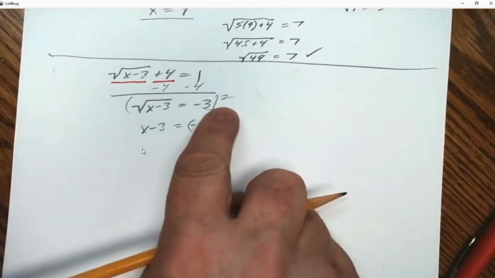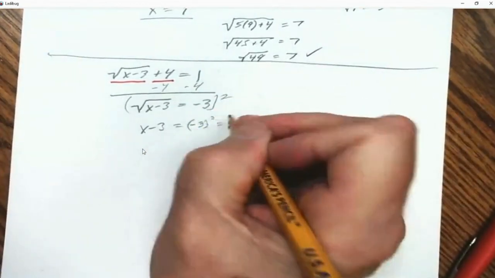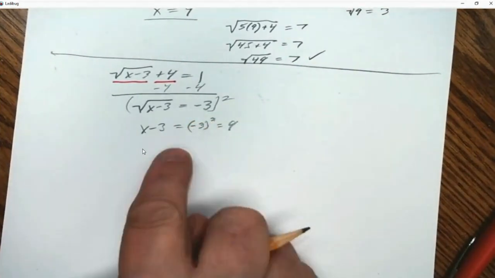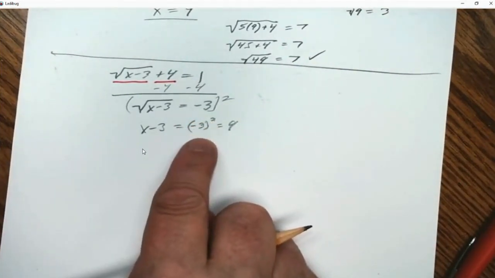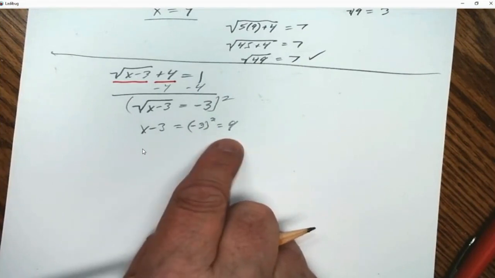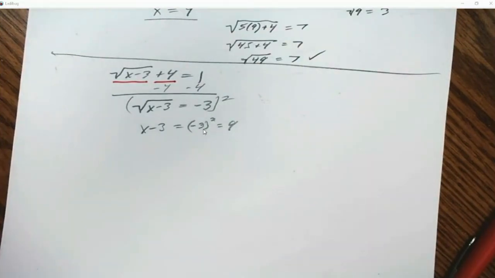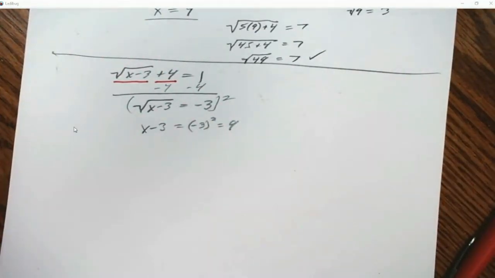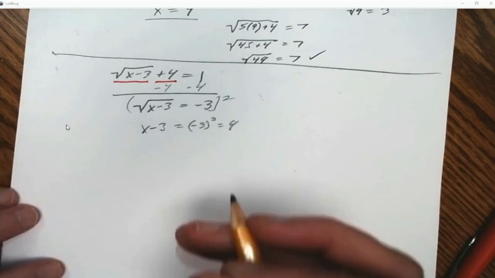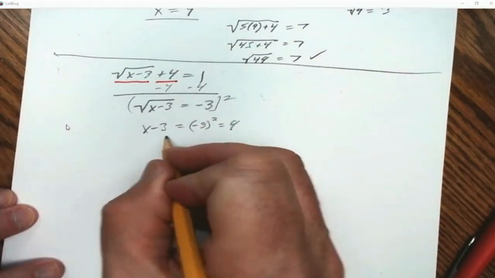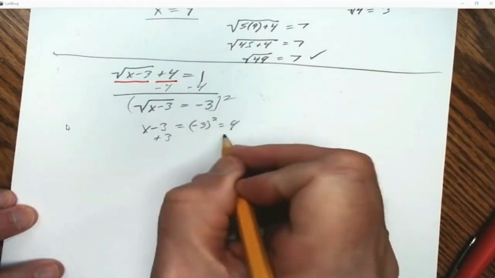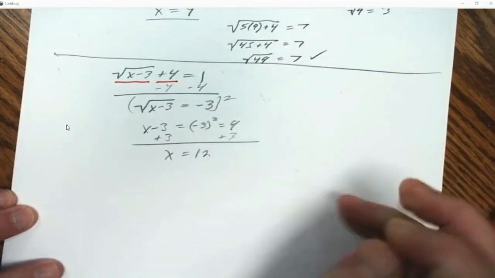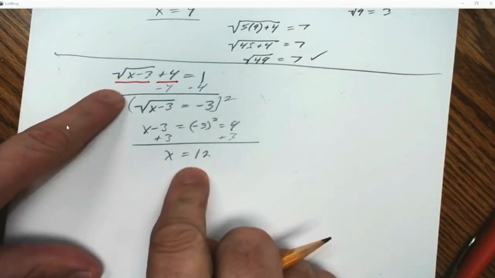Because negative 3 squared is 9. It's not negative 9. If you try putting that in a calculator and don't put parentheses around the negative 3, it'll tell you negative 9. Make sure you put parentheses when you're squaring that. If you have a negative, you want that in there. So now we have x minus 3 equals 9. Add 3. X equals 12. Let's check our work.